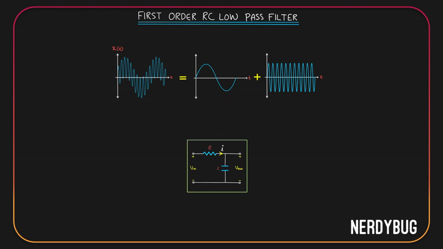If we take a low pass filter and give x of t as an input, the output will have the low frequency component. The high frequency component will be stopped by the low pass filter. Again, this is the idea of a low pass filter. It is too good to be true, right? So we have to learn how this idea can be implemented practically.